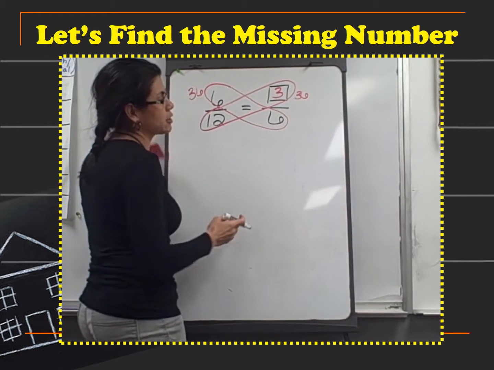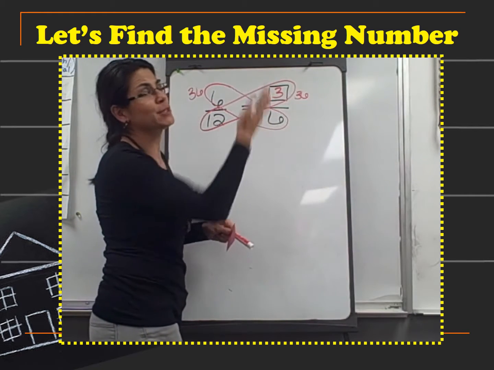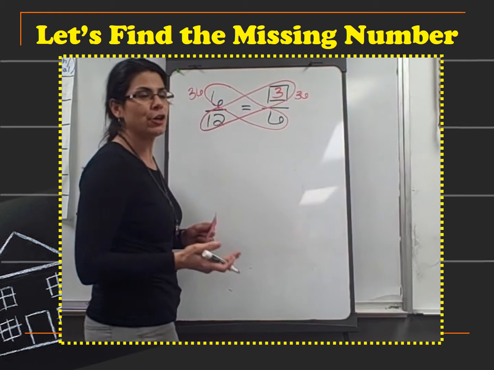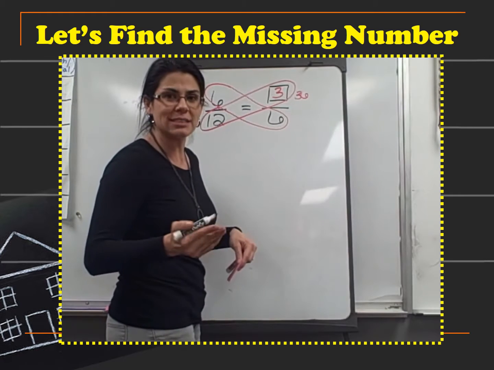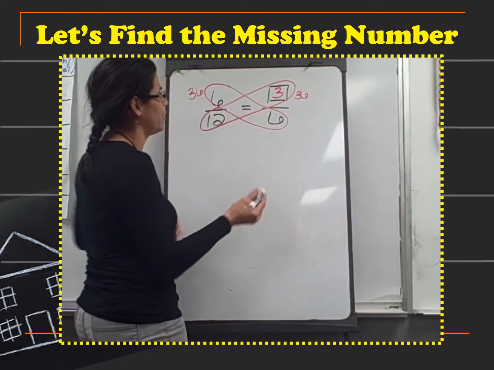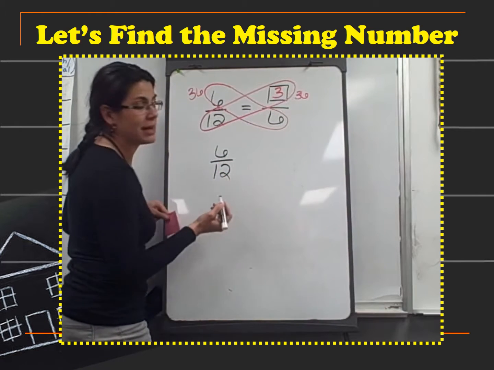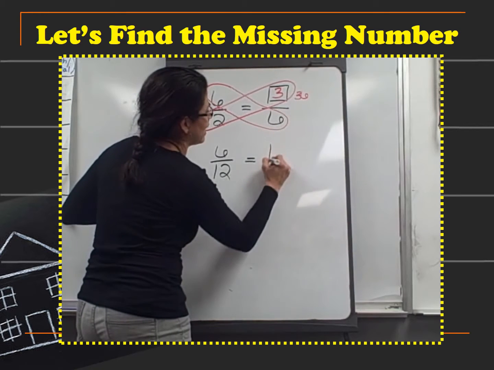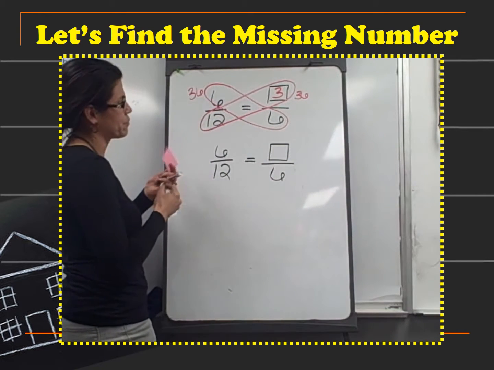Now let's look at the alternative way. And the reason we use the alternative way is because sometimes, and sorry for the interruptions, but sometimes your numbers will become so large that it's easier just to think about basic math, okay? So again, let's look at solving it using either multiplication or division. 6 over 12 equals an unknown number over 6, okay?